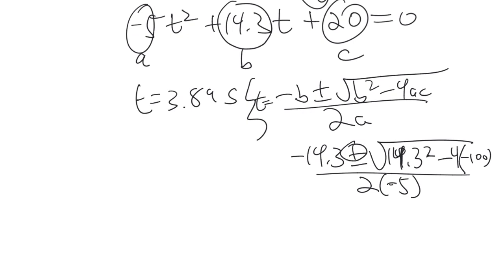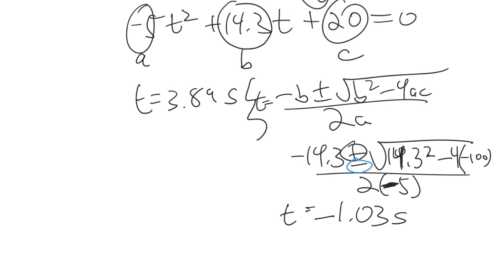Oh, wait. So if I do the positive number, I get t equals negative 1.03. So I don't want that one. So instead of doing that, I would do the negative number.